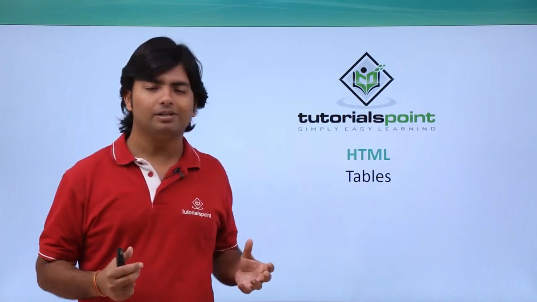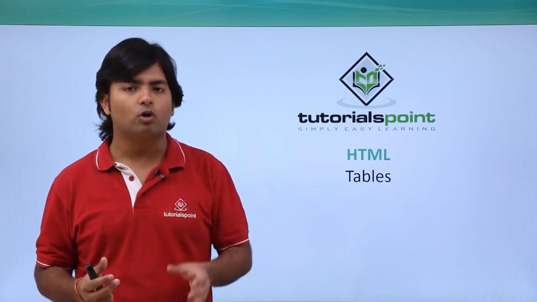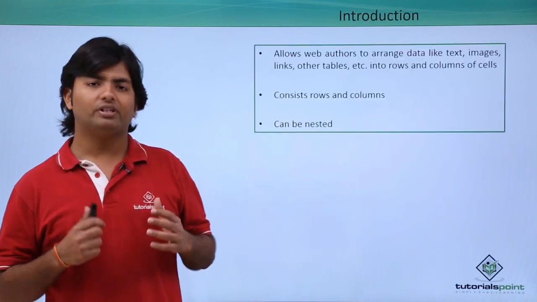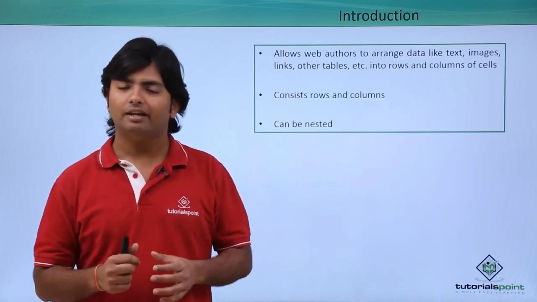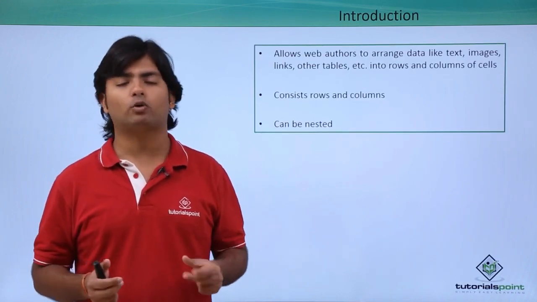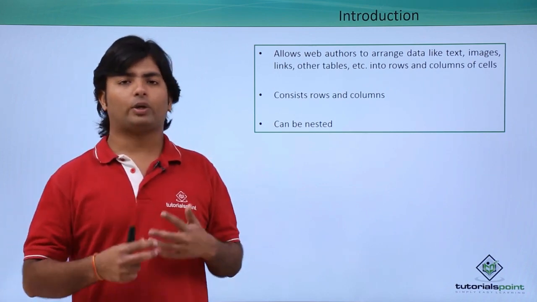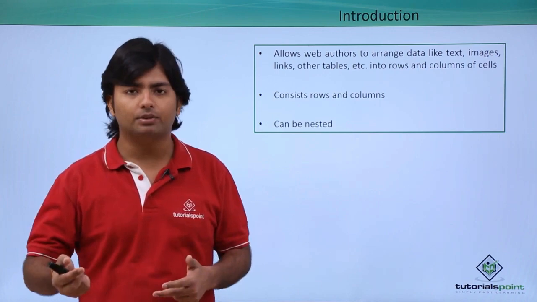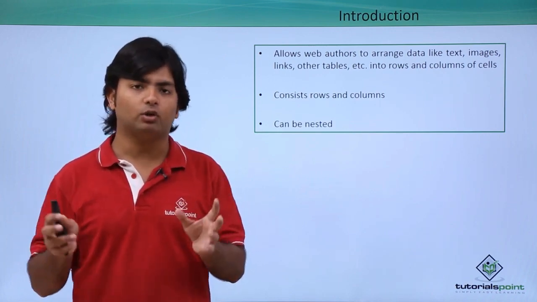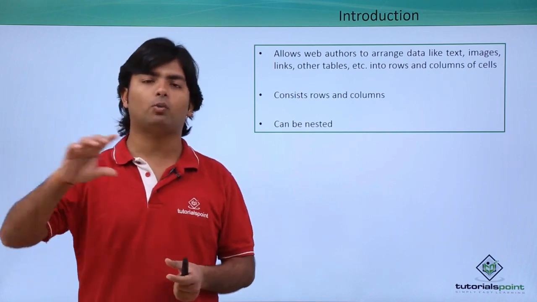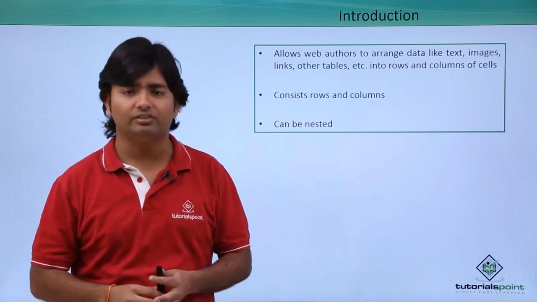As the name says, a table means it will be in tabular format comprising rows and columns. Basically, the main use of tables in classic HTML is to arrange the layout of your web page. Using tables, and you can even nest a table inside a table, you can design a structure or layout of your web page, like what you want to put on the top, like a logo or any tagline, the name of your organization.